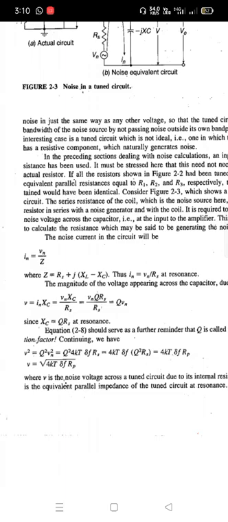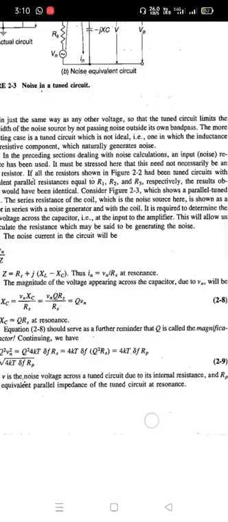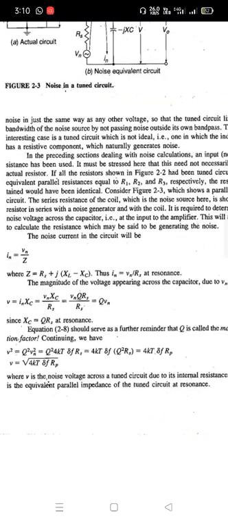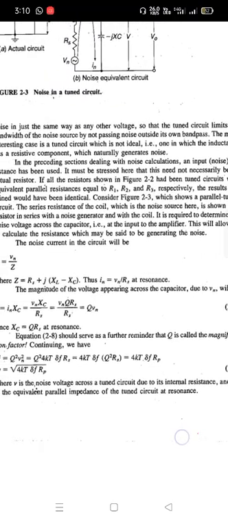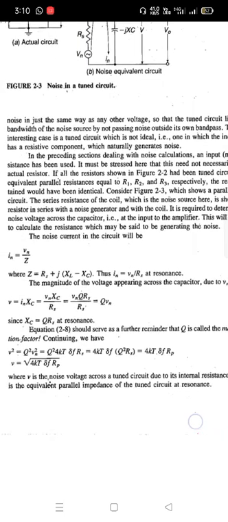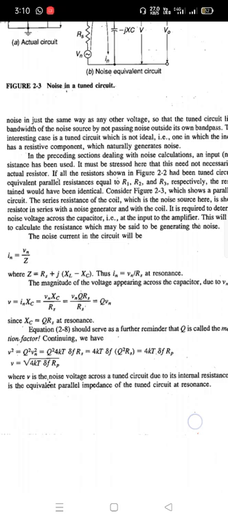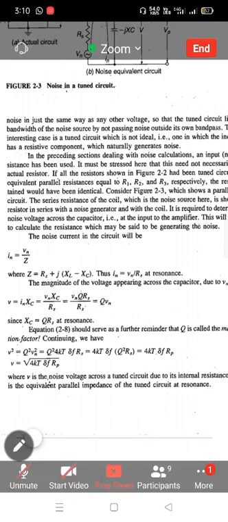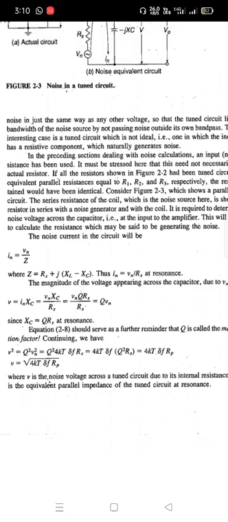And what is Q? It is the quality factor, also called the magnification factor or the quality factor of the coil. See here, equation 2.8 should serve as a further reminder that Q is called the magnification factor or the quality factor. So what we have here is V equals Q into Vn.